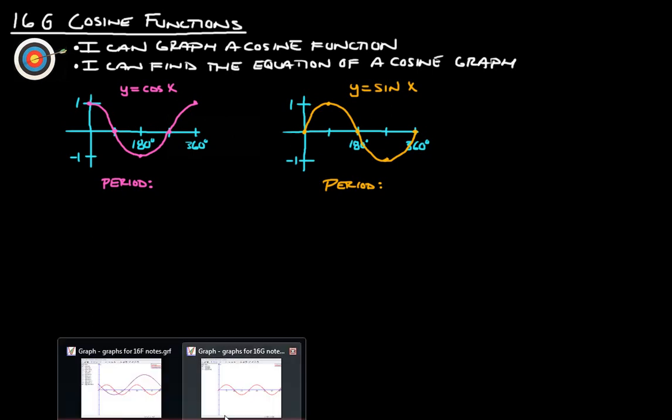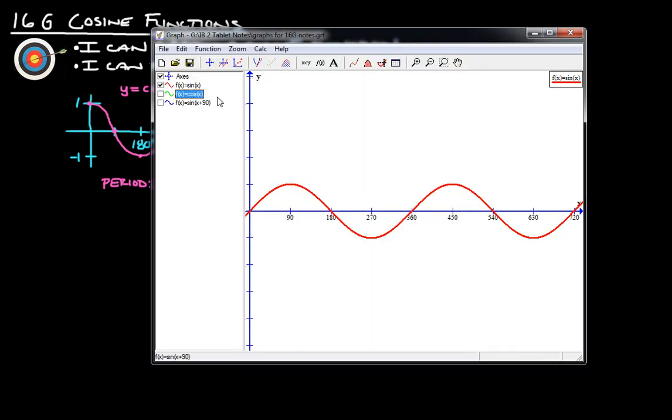Let me show you what I'm talking about here. So here's the sine curve. Here's the cosine curve. If I take my sine curve and move it back 90 degrees, it ends up being exactly the same thing as the cosine curve. Or if I took my cosine curve and moved it to the right 90 degrees, it would end up being the exact sine curve.